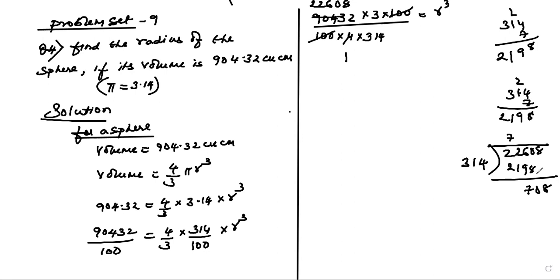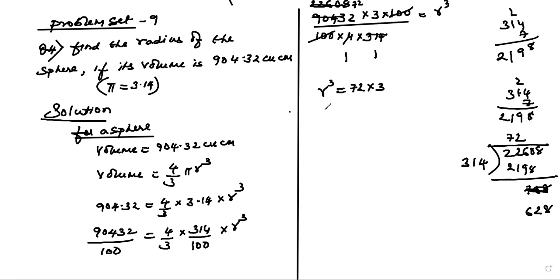So when you do it, 10 minus 8, 2, 15 minus 9, 6, 628 and 0. Okay, 628. So this is multiplied by 72, children. When you multiply by 72, it gets cancelled. 314. So ultimately, r cube is 72 into 3.